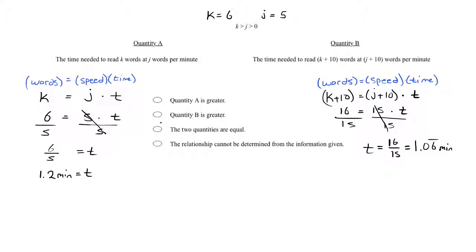Well, it would appear that 1.2 is greater than 1.06. So I guess we're done here, right? Quantity A is greater. Maybe it sounded like I was about to say not so fast, that this is a trick, that maybe there's more to it. Actually, no, this is correct. Quantity A is greater.